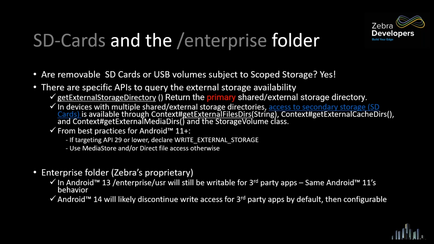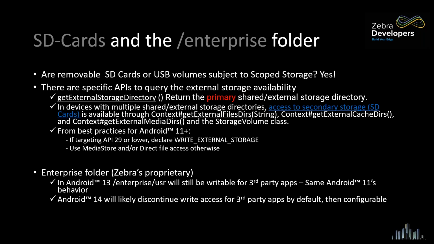When dealing with multiple external storage directories, if you want to get the list of directories, you can use getExternalFilesDirs, getExternalCacheDirs or getExternalMediaDirs, and the StorageVolume class. In the next slide, I have a couple of examples of how these have been used in the code.